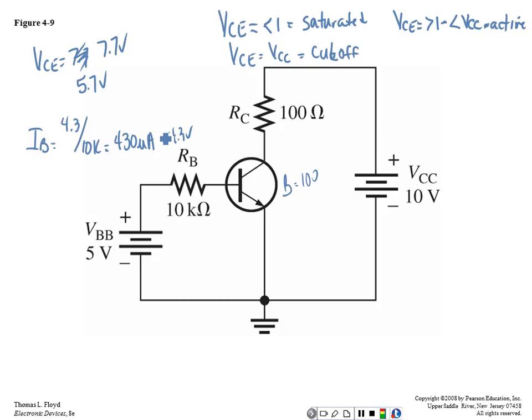It's 100 microamps per volt with a 10K. It's 1 milliamp per volt for a 1K. So those are really, really neat. So 430 microamps. I didn't even pick up a calculator so far. So IC would be equal to 430 micro times 100.